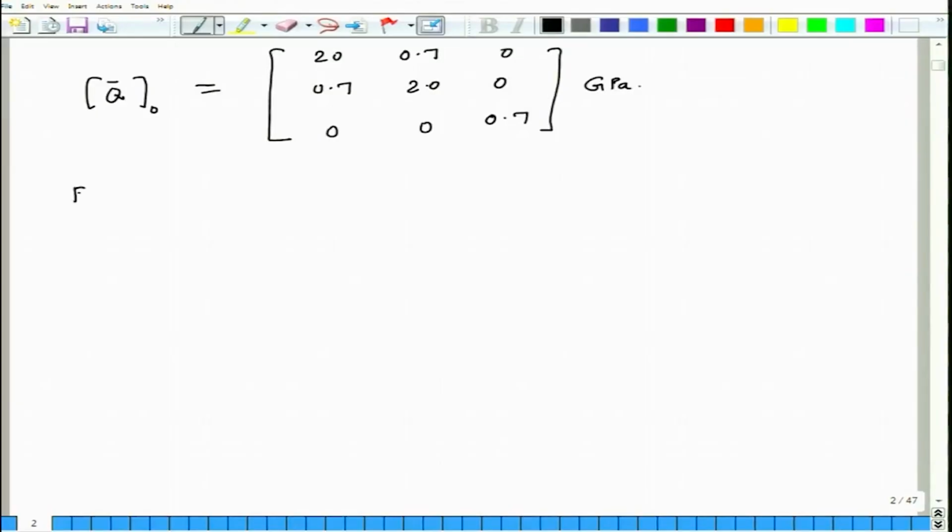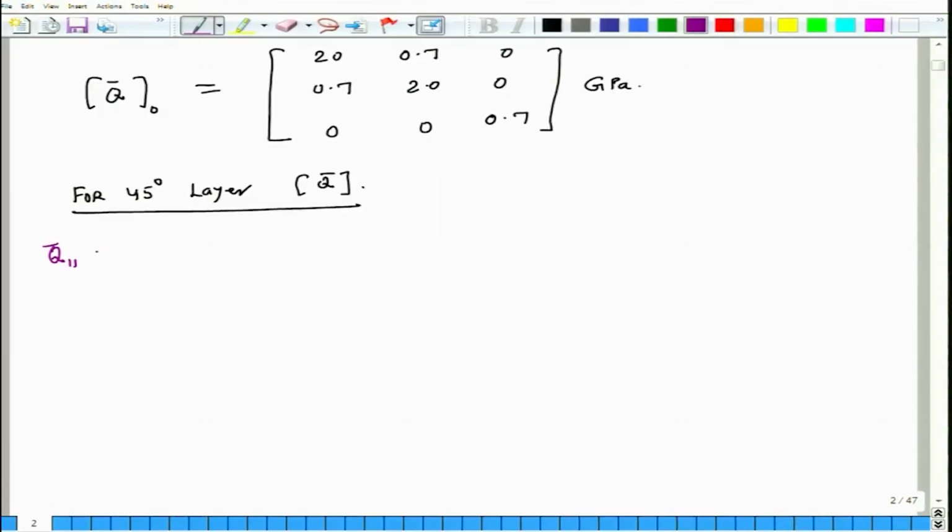For the 45 degree layer, we actually calculate every single element. So, for the 45 degree layer, we are going to calculate the Q bar matrix. First we calculate Q11 bar.